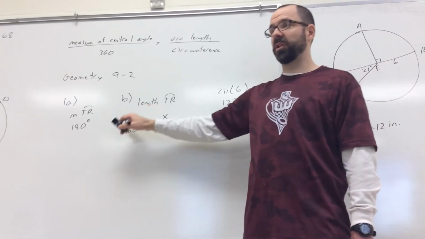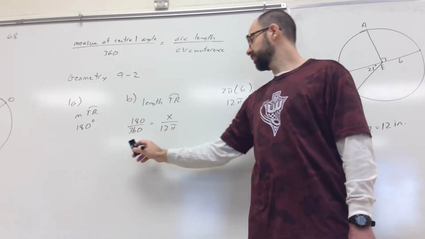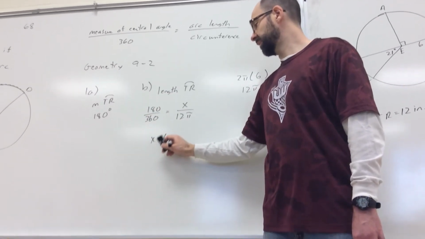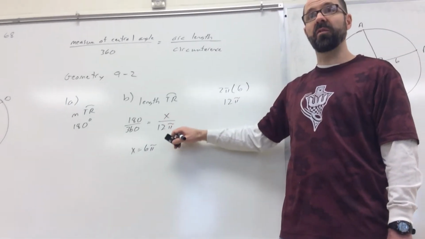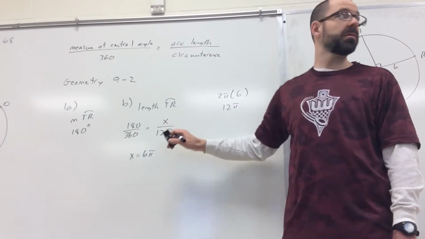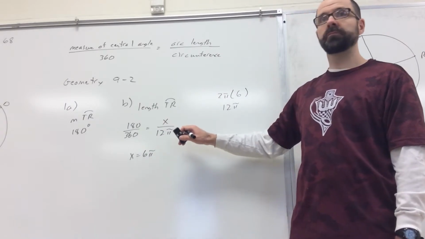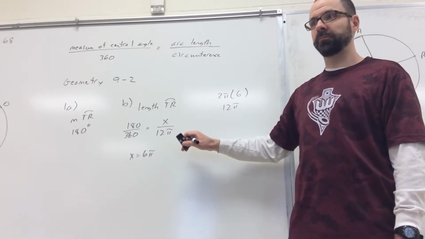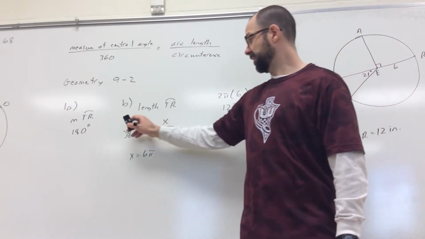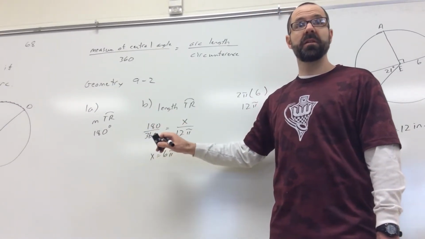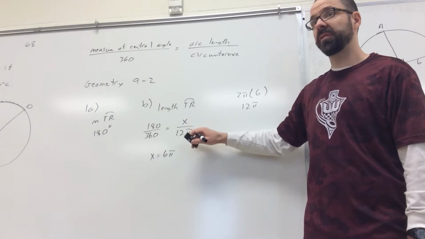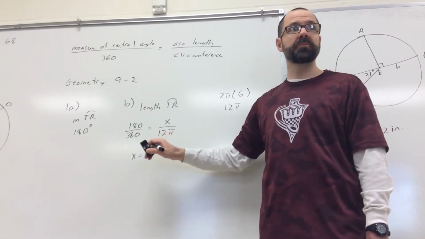So we can do this one in our head. We can just know that that's supposed to be 6 pi, right? Because 6 pi is half of 12 pi. So the idea is that this is half, 180 out of 360. And so this should be half, 6 pi out of 12 pi.